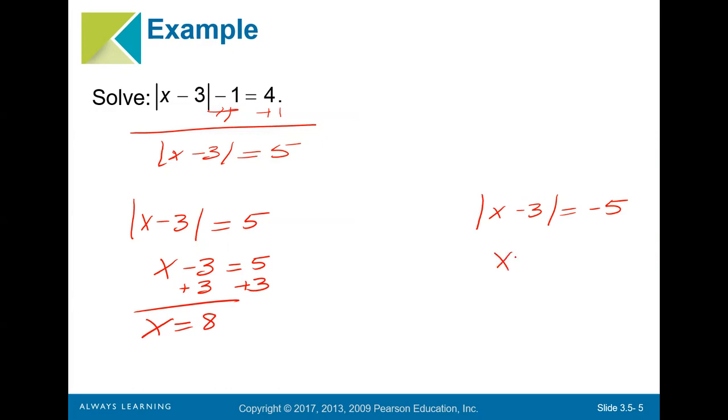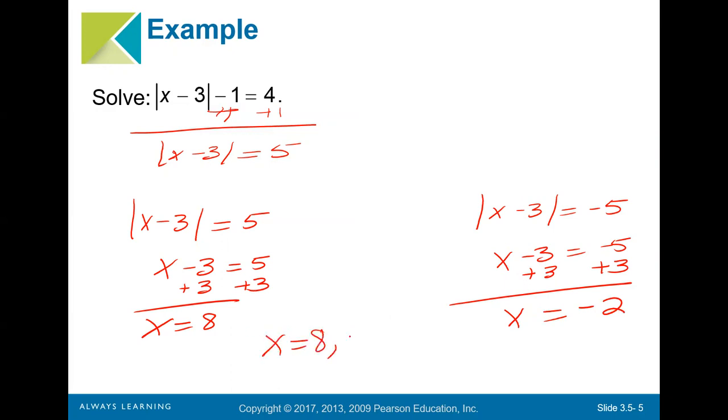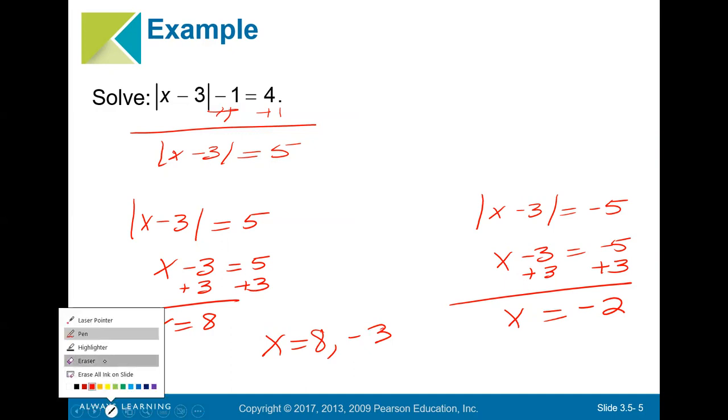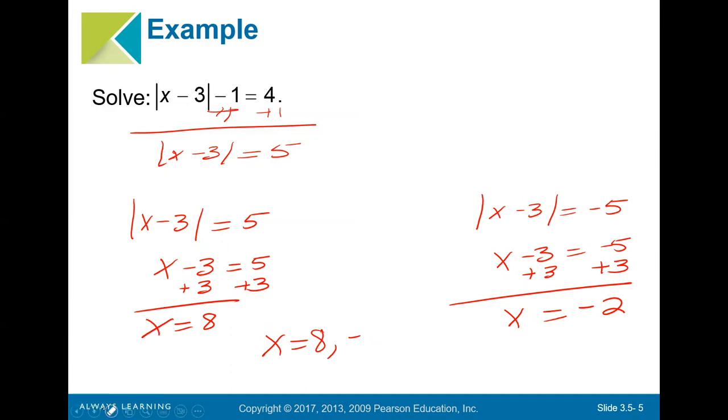Let's do the same over here. Add the 3 to both sides. Well, -5 plus 3 is going to give me a -2. So I have my two values when x equals 8 and -2. I got carried away there. Let me erase that. Looks like a 3. -2.